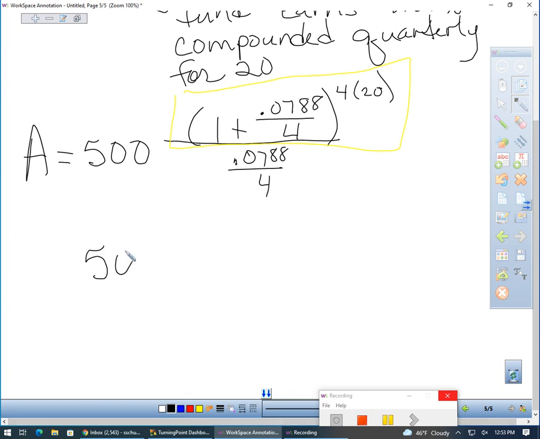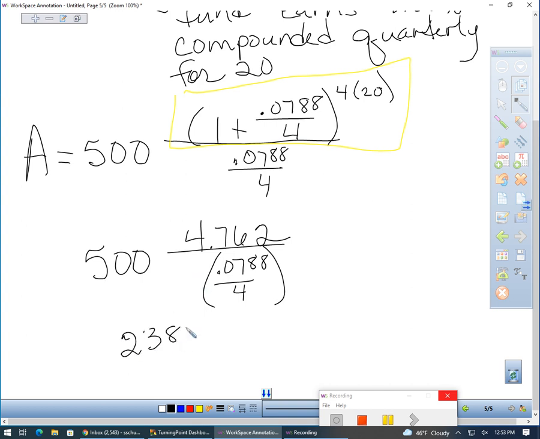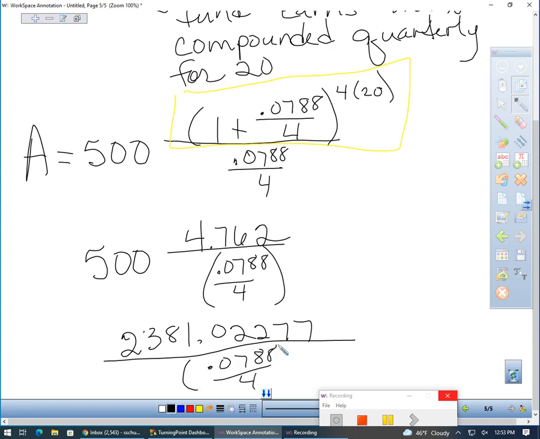So right now I have 500. On the top, I got 4.762. Is everybody still good? Still all okay? Okay. I'm going to go ahead and multiply these two together. So I'm going to times it by 500. Yep. So I'm at 2381.02277. And I'm going to divide by, in parentheses, 0.0788 over 4.